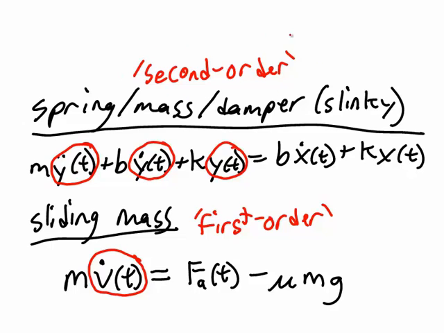This is how we can determine whether a system is first order or second order without doing an experiment. When we derive the differential equations of the system analytically, we can look to see whether only first derivatives are involved or whether there are second derivatives, and that defines whether the system is going to have a second order response or a first order response.